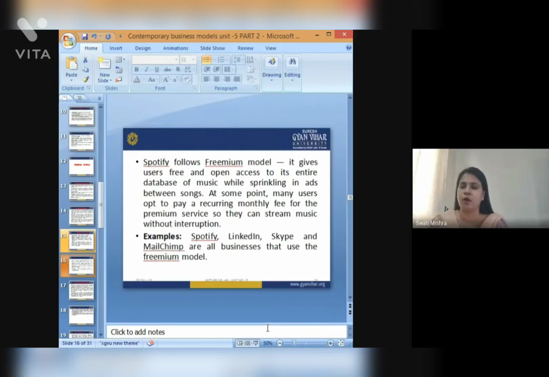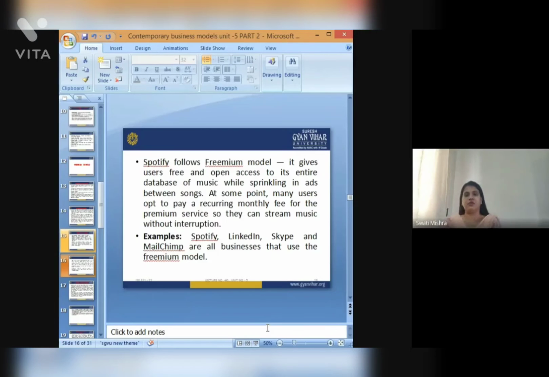Similarly, Spotify also follows the freemium model. It gives users free and open access to its entire database of music while sprinkling in ads between the songs. And at some point of time, many users opt to pay a recurring monthly fee for the premium service so that they can stream music without interruption, right?